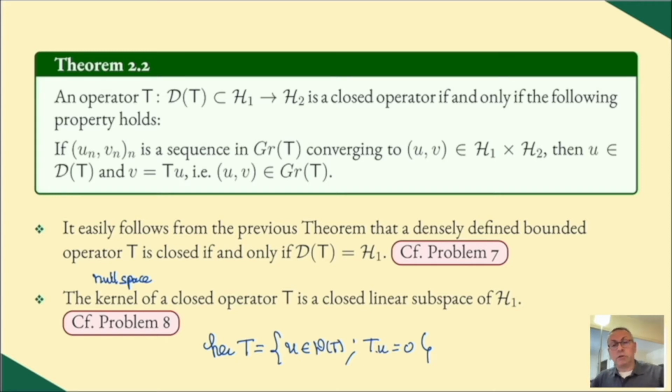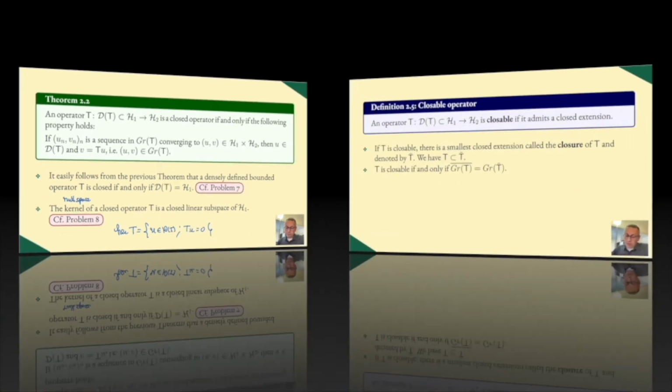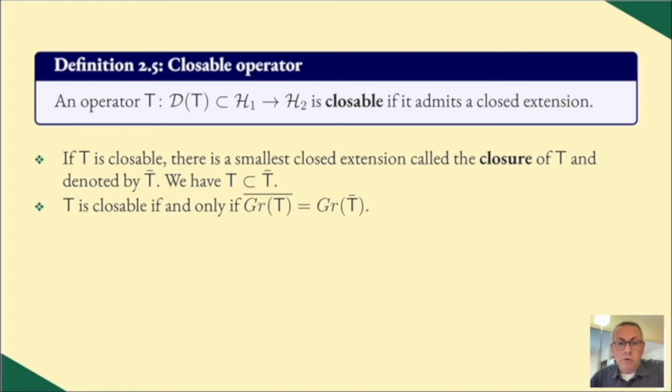It's just a consequence of continuity, because you just take the pre-image of 0, the set with one element which is closed, and so it's a closed set. For a closed operator, you cannot do that. You need another argument. But you can still show that the kernel of a closed operator is also a closed linear subspace of H1. Okay, so you'll do that in the exercise sheet. Another notion, the notion of closable operator.